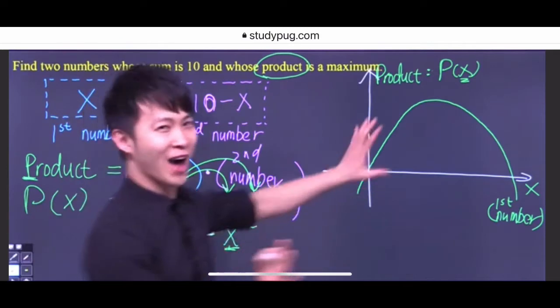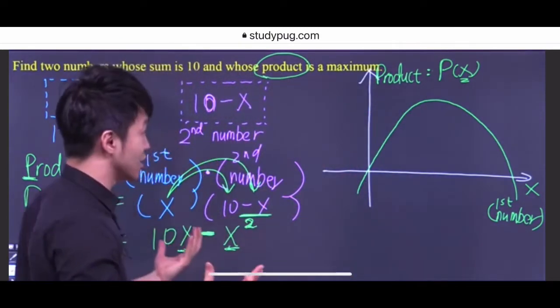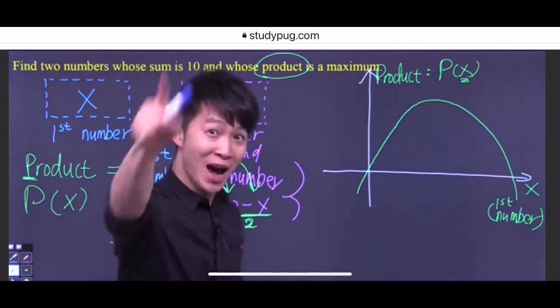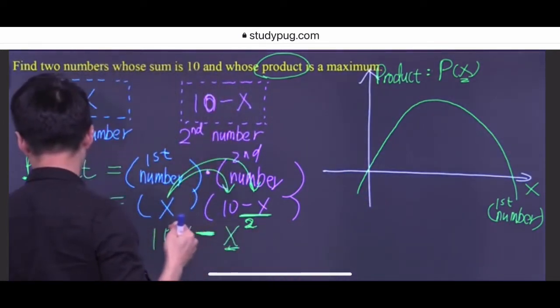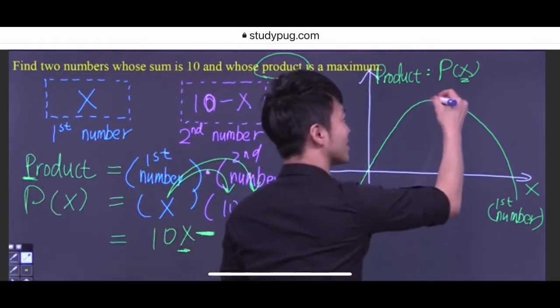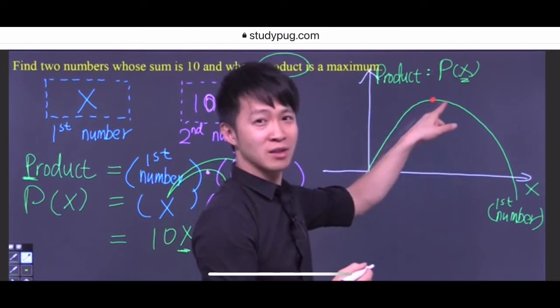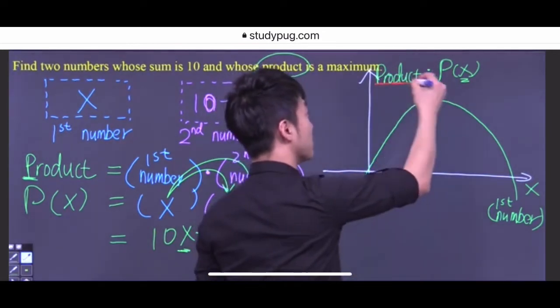Now from the graph, it's obvious that the maximum product occurs right here. The highest point on the curve is our maximum product.